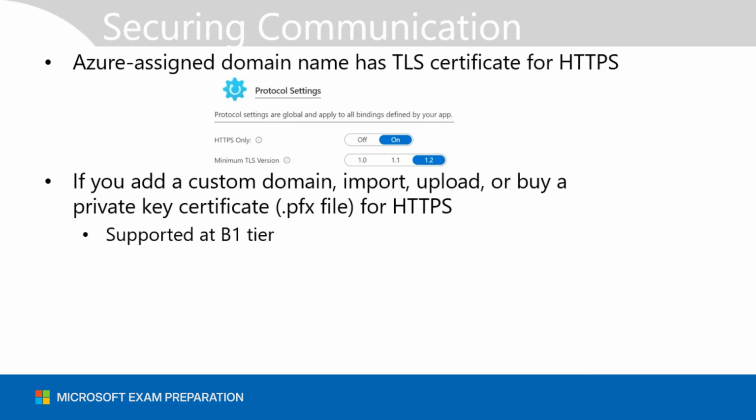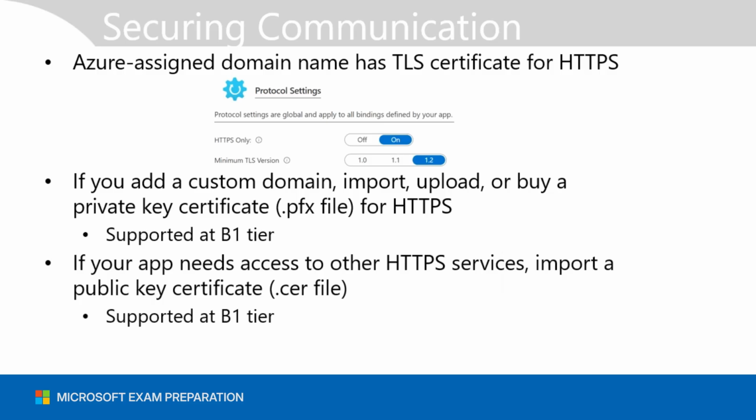You can buy one through a mechanism in the portal. But what you're really uploading there is a private key certificate. That's a .pfx file. And that allows the web server, as communicating with the web client browser, to exchange a key that can be used for encryption between the client and the server. That is supported at the B1 tier and above. So that's the basic tier, just below standard.